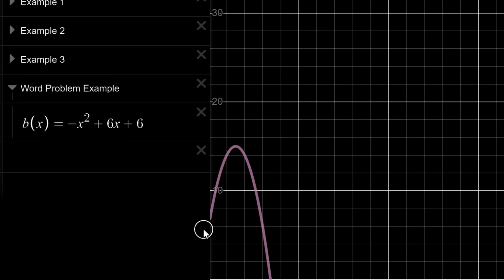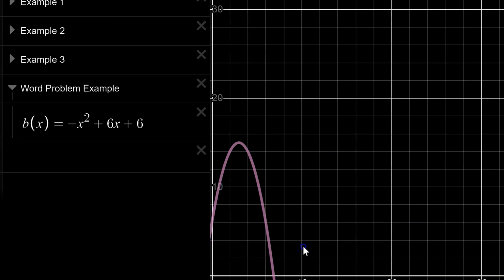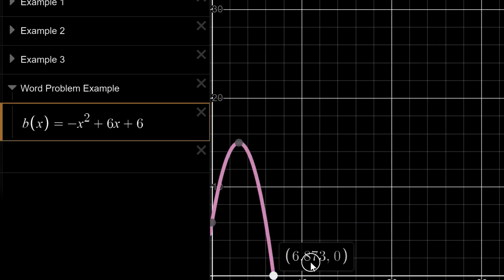Our domain looks like it goes from x equals 0 to about x equals, we'll go with 6.9. We'll round up a little bit. And our range looks like it goes from the bottom, 0, all the way up to 15.